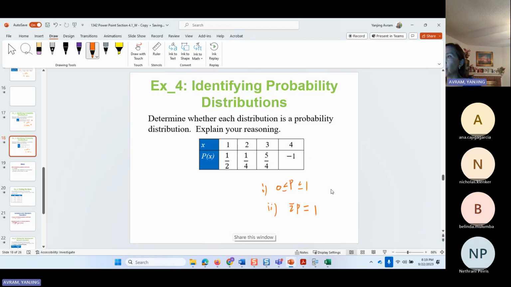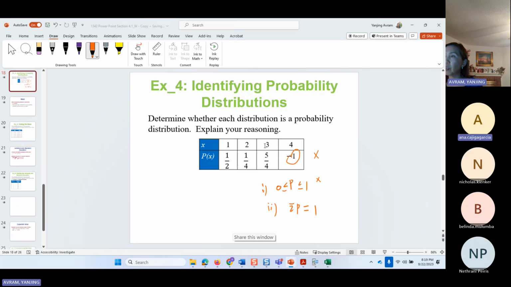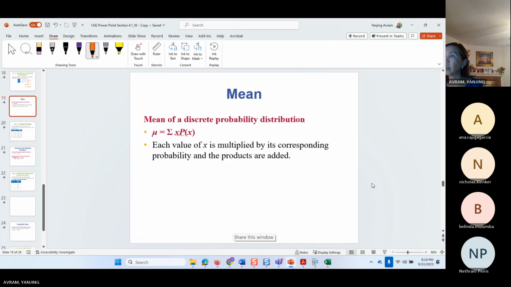This didn't satisfy the first condition already, so I don't really have to check the second one. So no, this is not a probability distribution. All right, so those are the basic things. Sometimes it might just test you on this kind of simple concept.